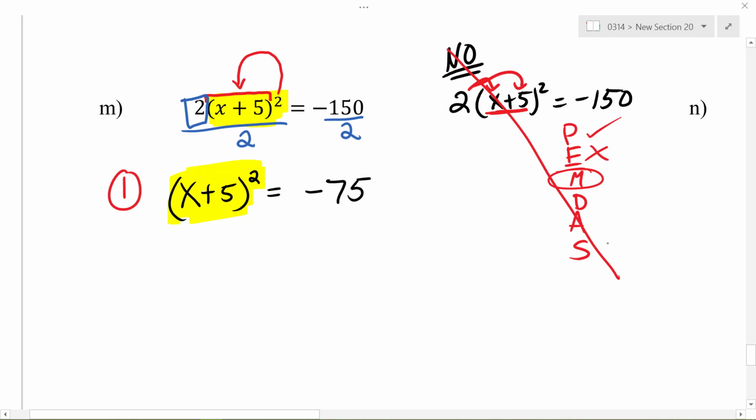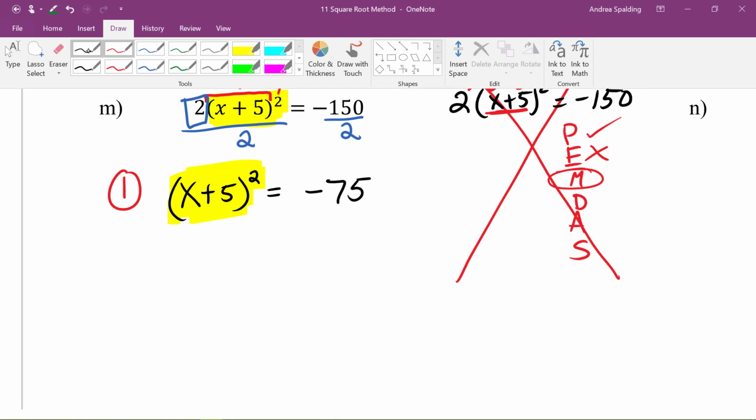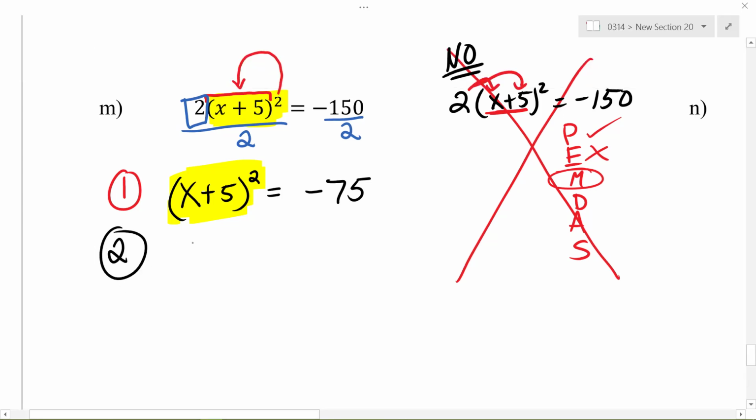So be careful that you're not doing a distribution into the parentheses with the square there, because then you're violating the order of operations. That's an aside there, a big no. If you had that question, now it's answered. Okay, so step number 2. We're going to take our equation and take the square root of both sides.